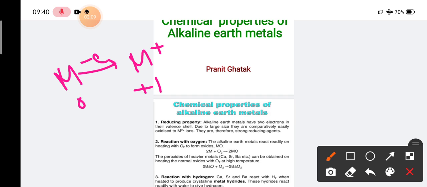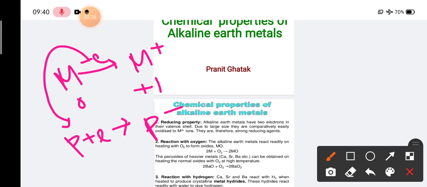So what happens is, by donating electrons, metals get oxidized, but they reduce others. Suppose a P molecule takes this electron, it will be reduced, so P will become P minus. Here the oxidation state of P is 0, but after taking the electron it will be minus 1.